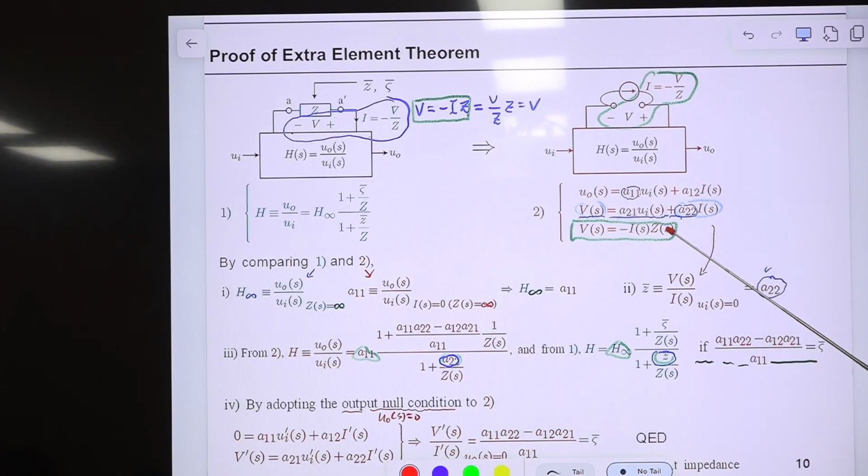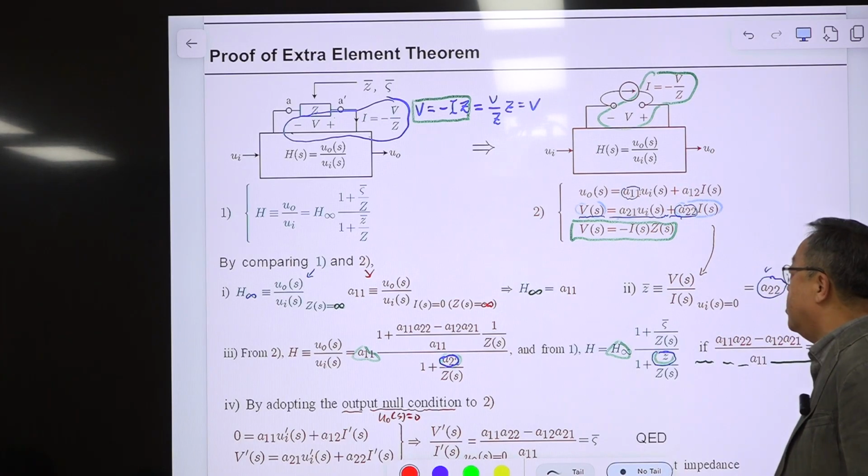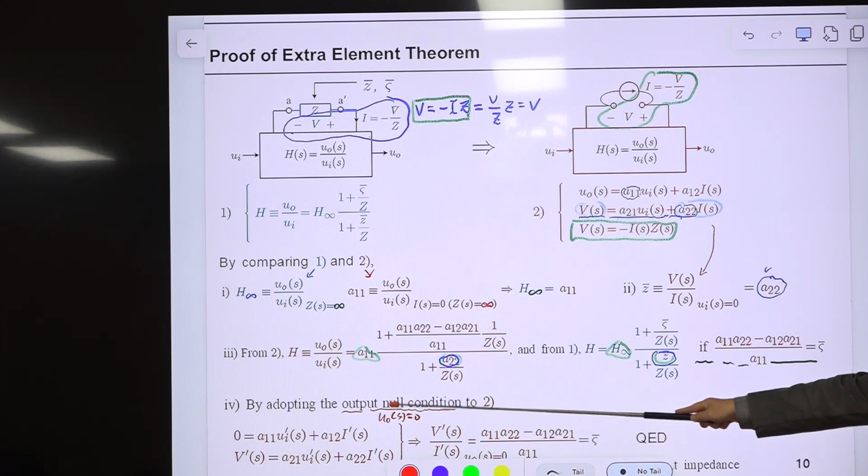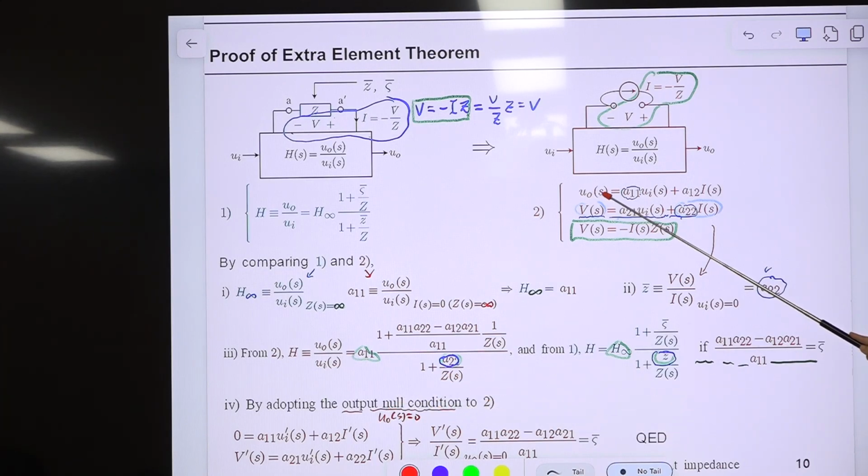The same information is here, but this form is more convenient to use. So the next task is we prove this. So, output null condition. This is 0, right? Output is null. This is 0.